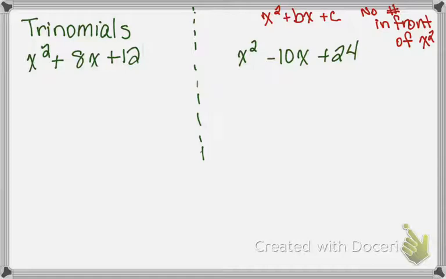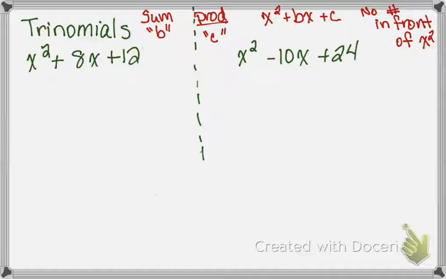When we factor trinomials and we are in this situation, all we have to do is find the sum and the product. So in this situation, our sum is always that middle number, that b value, and our product is our c value. Okay, and that's our constant.